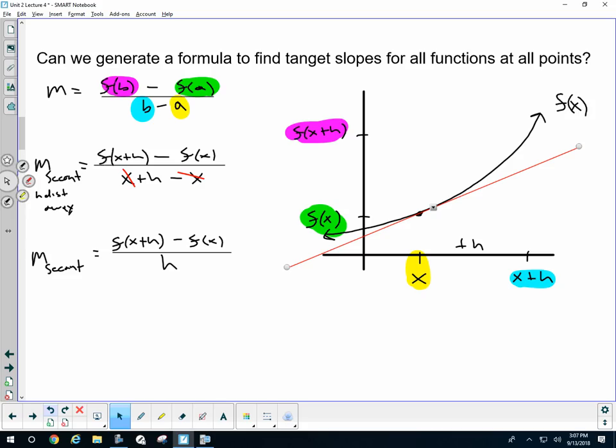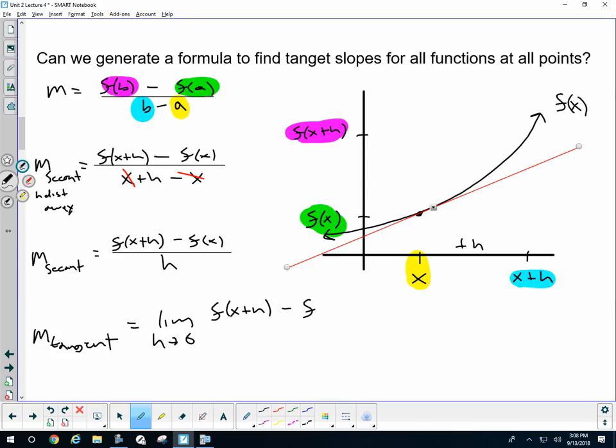Very nice, everybody. So, if I want a tangent slope, I need to take the limit as h approaches 0 of these 2 points. And this is just an equation, a slope formula for 2 points infinitely close together for any function at any x value.